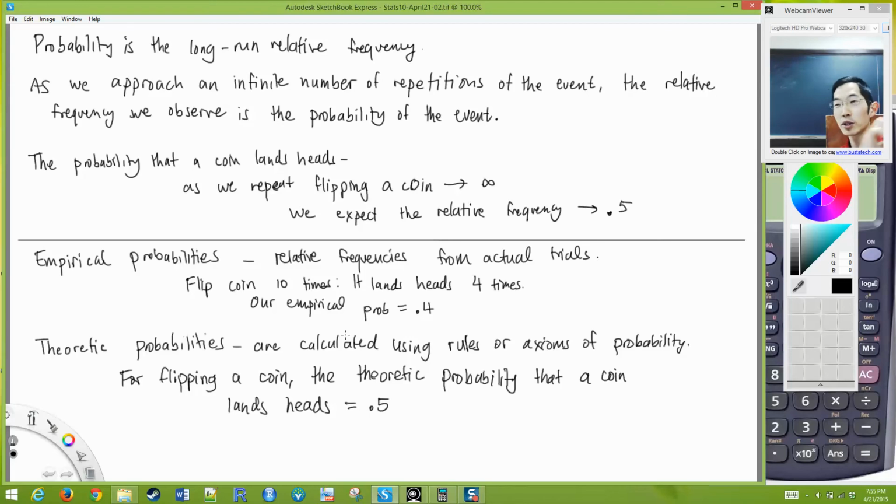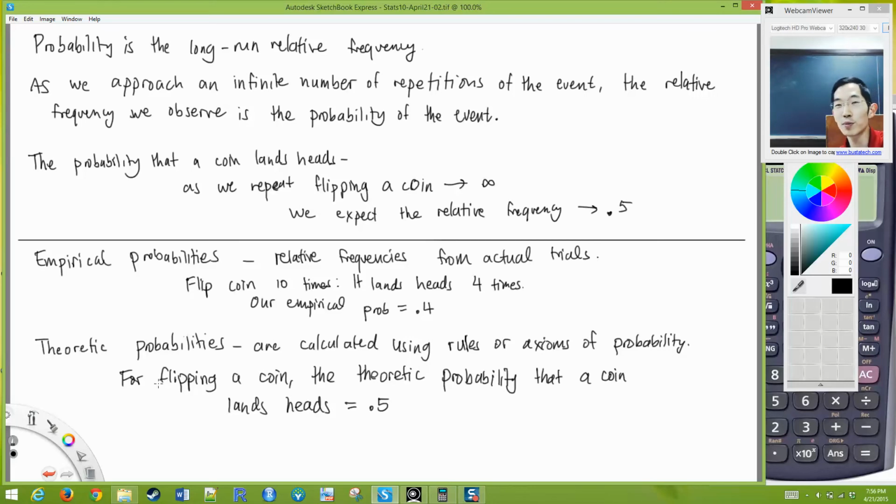Well, it's going to be too hard to do it the theoretic way. It's going to be too hard to try to figure out all of the rules and the measurements and all of that stuff. So the best thing you're going to do is just use the contraption to flip coins. You're going to do it thousands of times, and you're going to count how often it lands heads. Maybe it lands heads more often than it lands tails, and you can get an approximation for the actual probability that the machine produces.